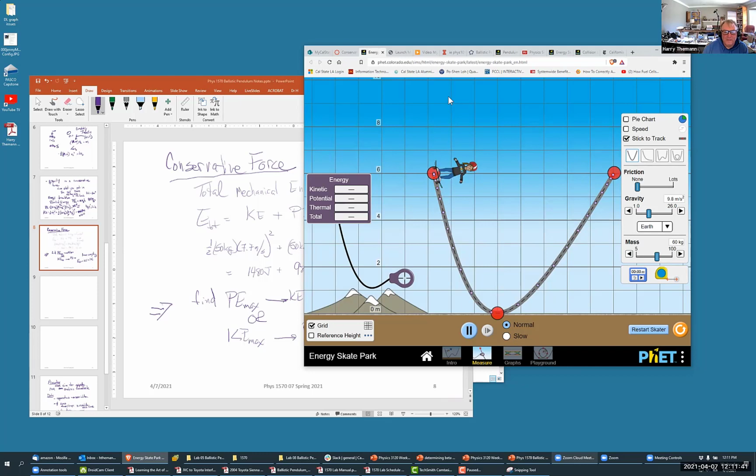Her total speed will always, for any given height, and let's put that up here, and we can step that. So let's see. So get her to 5 meters. Whoops. Now I can't touch her because then I'll change the total energy.